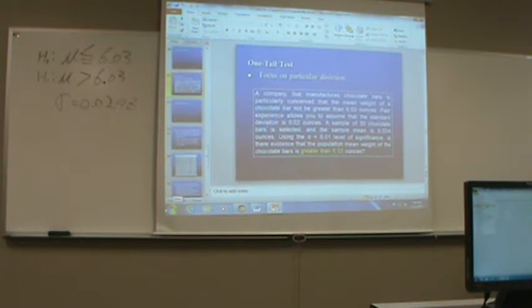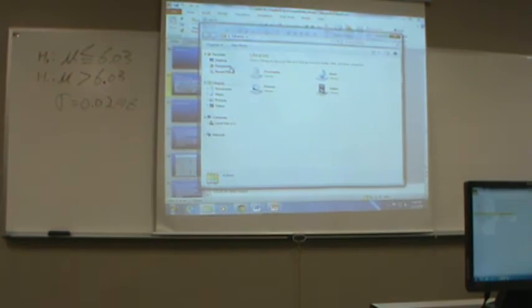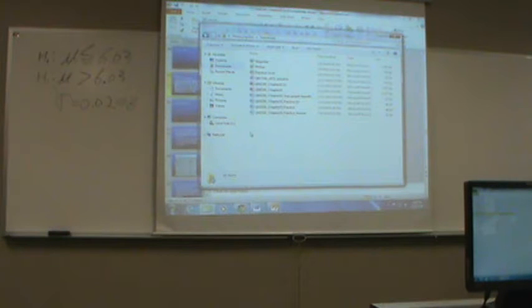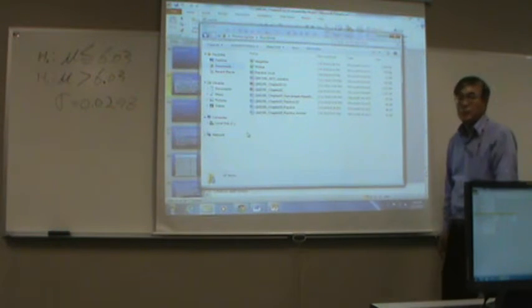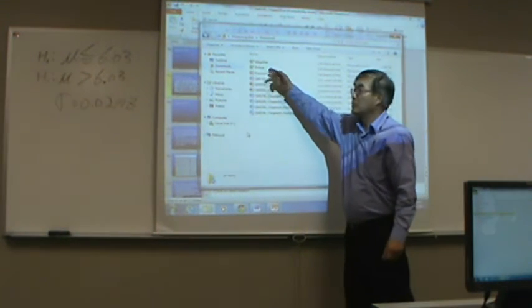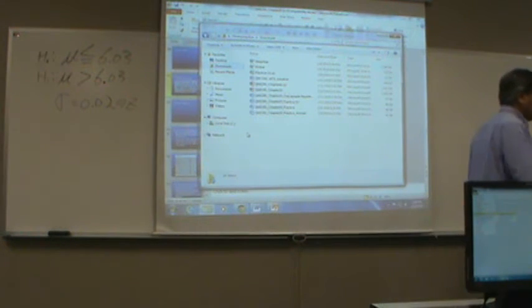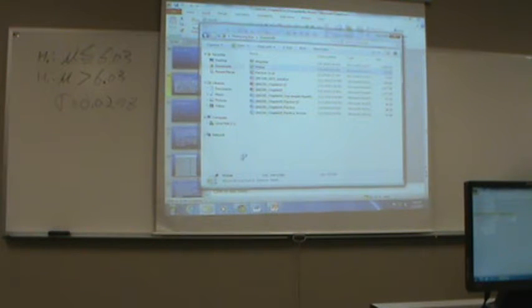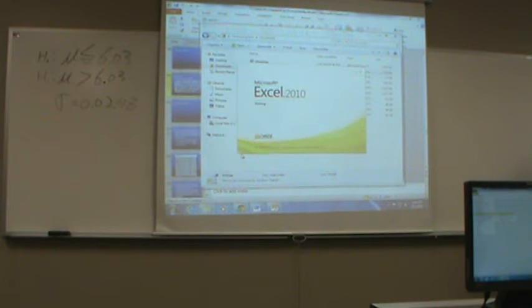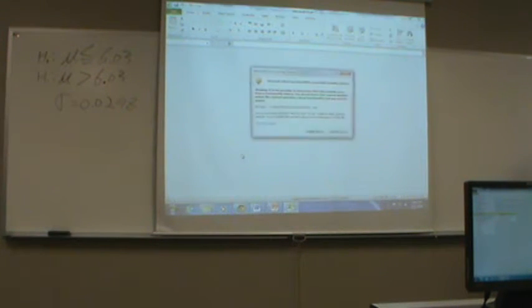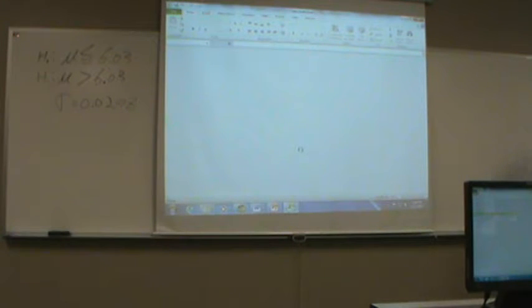If you saved PHStat somewhere like under Downloads, find PHStat and double click to open. Then it asks to enable, yes, enable.